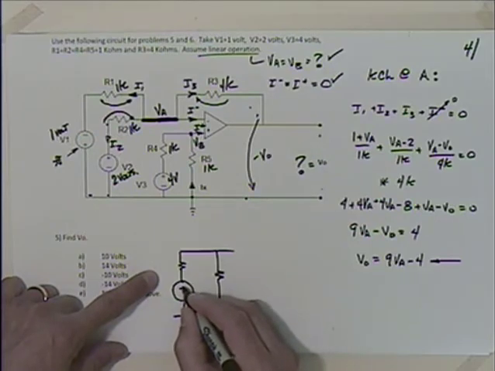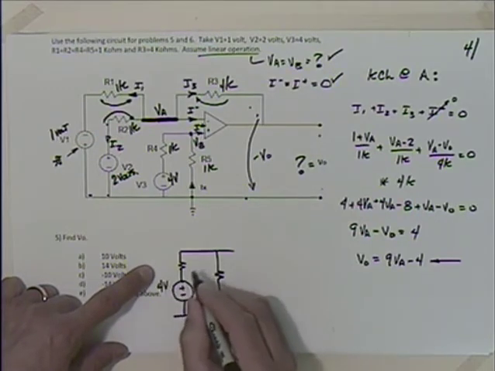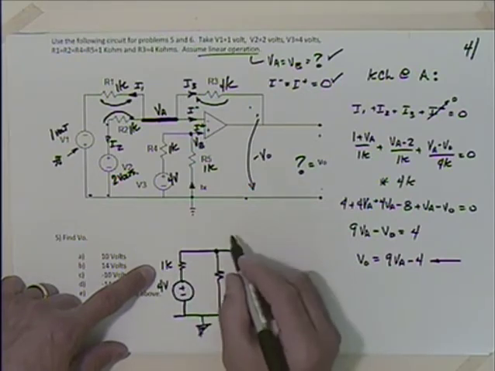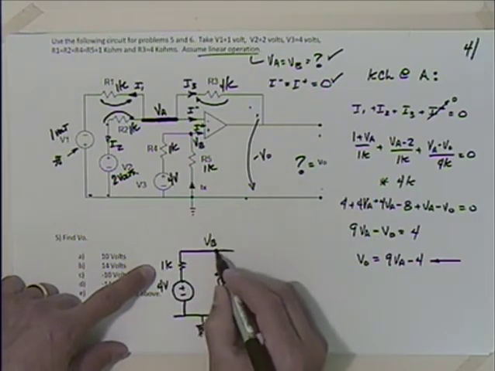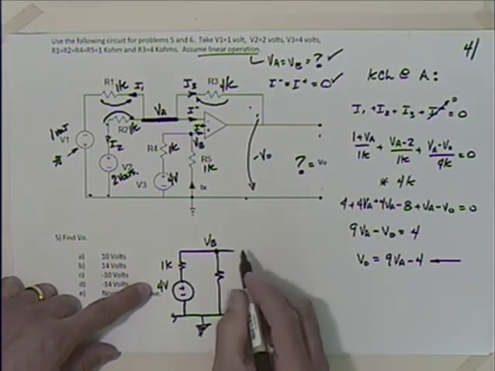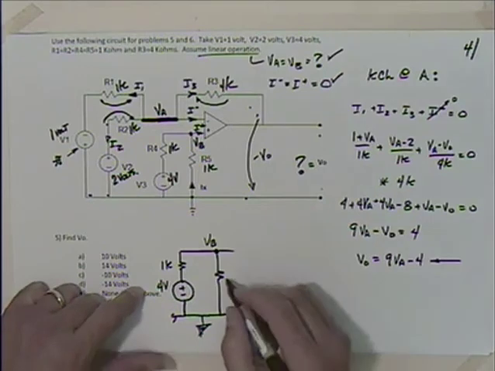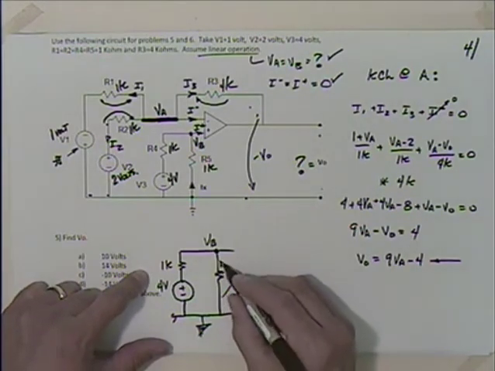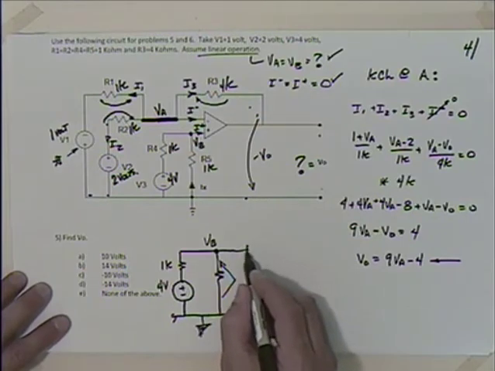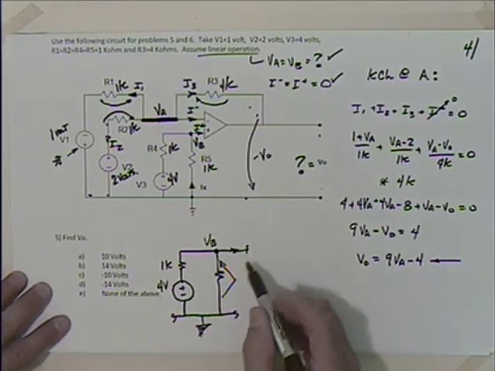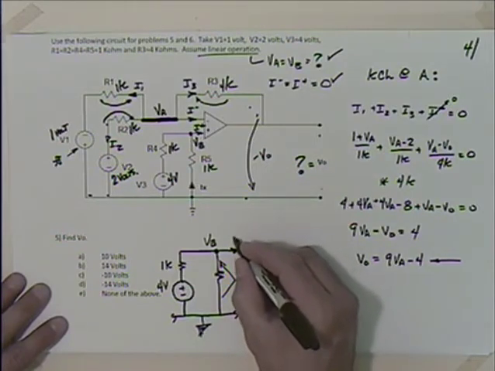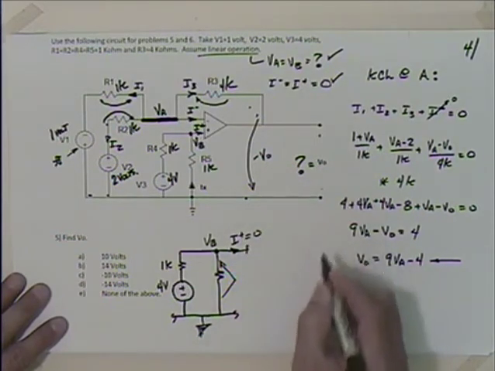This is 4 volts and 1K. And right here is VB, that's the voltage at that point with respect to our reference ground. Normally I would say that you could not use voltage division across here, if this current is not 0, you can't use voltage division. But what do we know about I plus? It's equal to 0, isn't it?